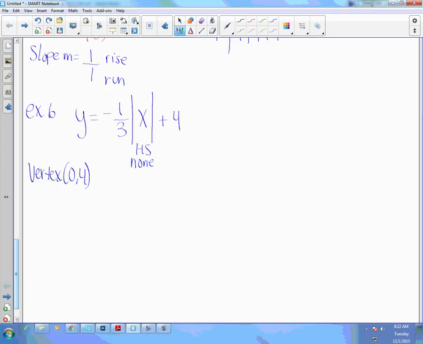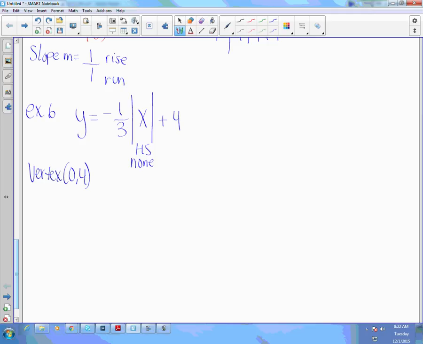So we need 4 words for what the +4 does to the graph. What type of shift is it if it's after the function?